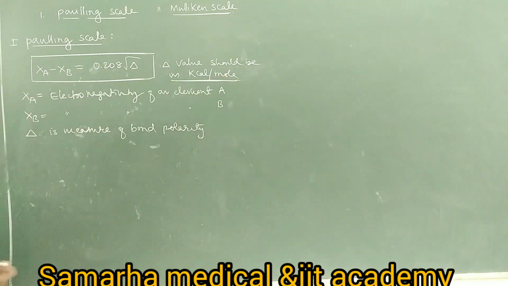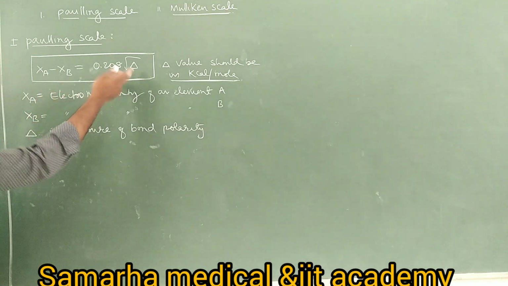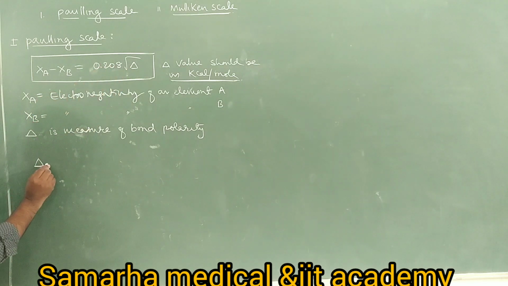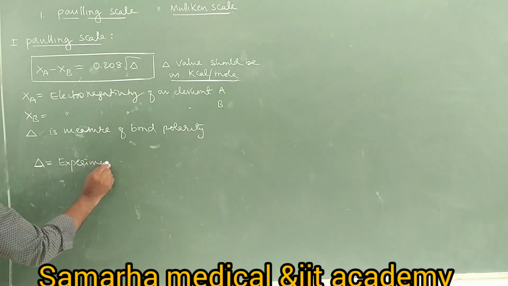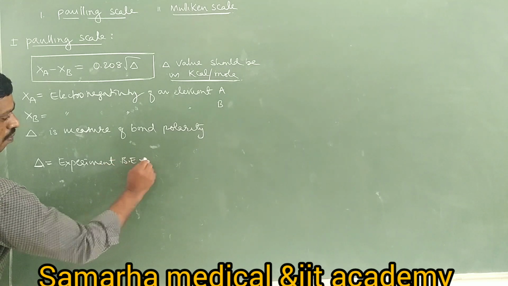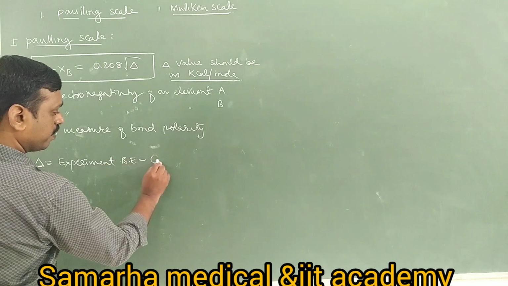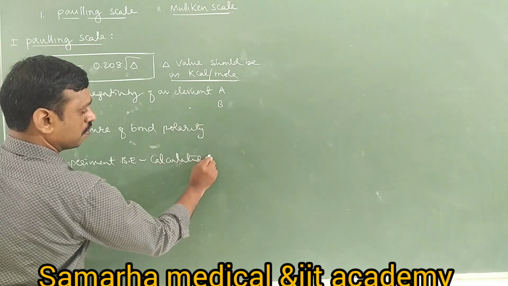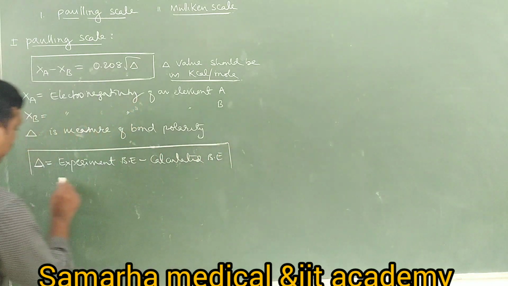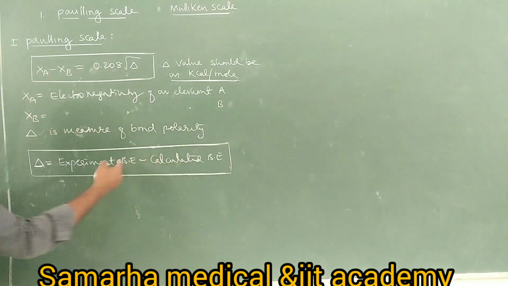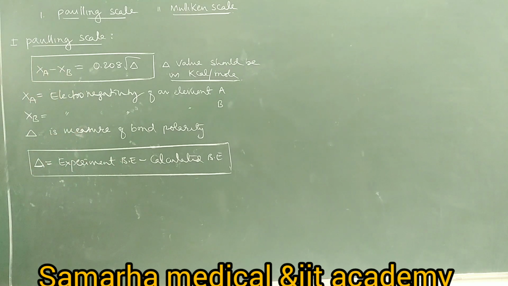Only if the delta value is in kilocalories per mole is this formula used. And you can calculate the delta also. Delta is the experimental bond energy minus the calculated bond energy. If they give the experimental bond energy and calculated bond energy, then subtract, and you will get delta. This is one formula to calculate delta.